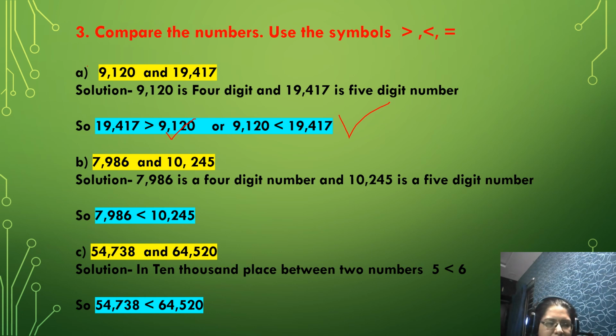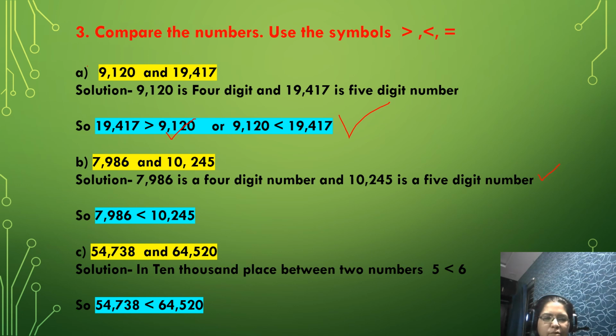Second numbers are 7,986 and 10,245. 7,986 is a 4-digit number and 10,245 is a 5-digit number. We know a 5-digit number is always greater than a 4-digit number.